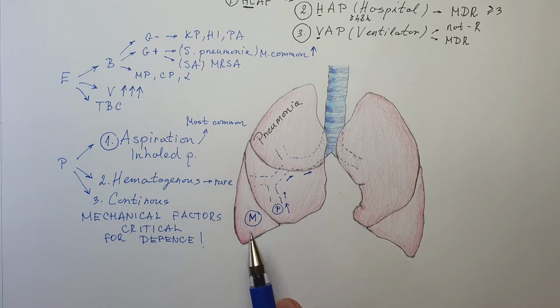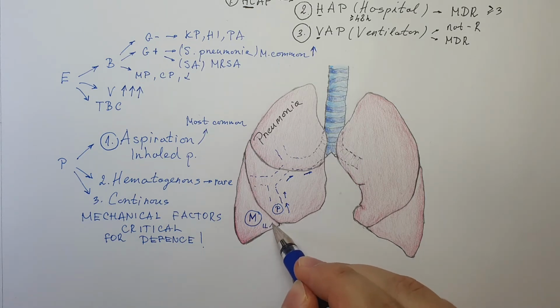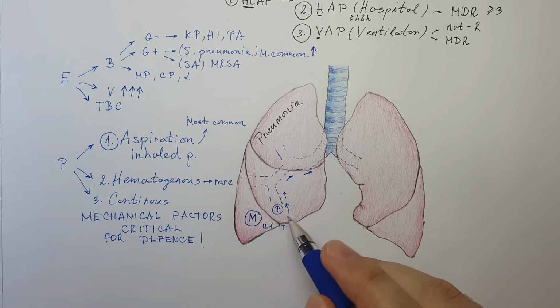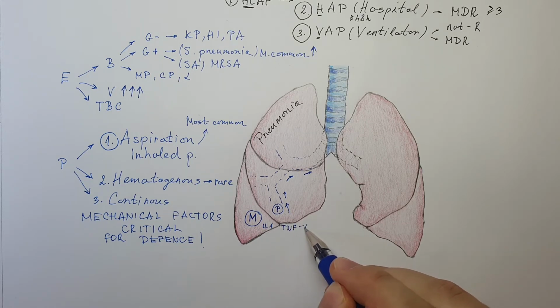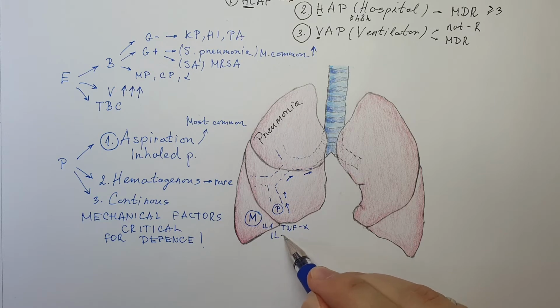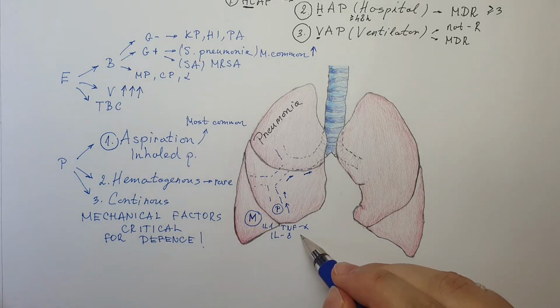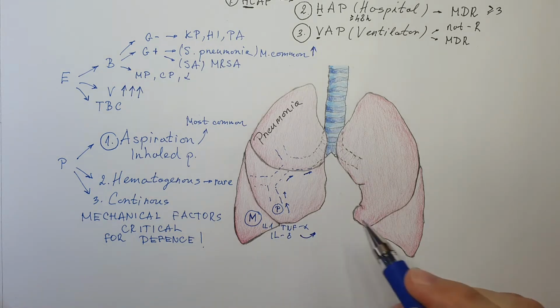A lot of interleukin-1, tumor necrosis factor alpha, interleukin-8, and many of these interleukins and factors are being secreted, and then the clinical picture starts to develop.